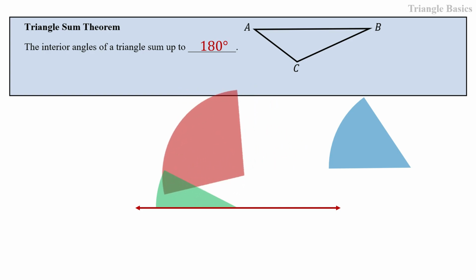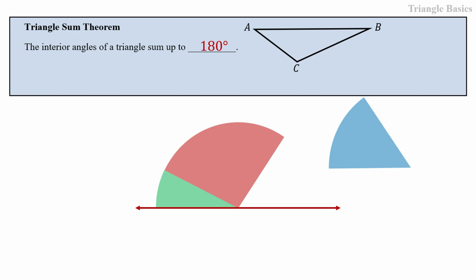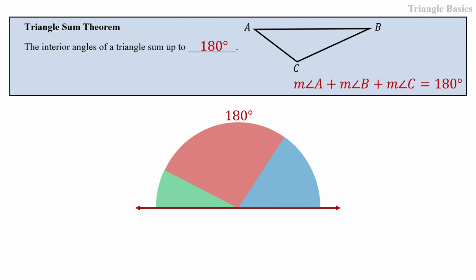But if I put the red one next to it, combined this whole angle is obtuse, so it's more than 90, but still not 180. And if I use the last one, that blue one, you'll see that all three angles make half a circle, the other half being down here. All three of those angles equal 180. So when I add angle A plus angle B plus angle C, all of them together sum up to 180.